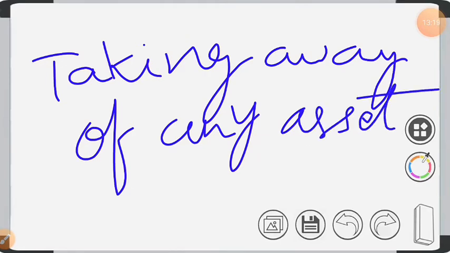Forfeiture may happen when a person becomes insolvent. The forfeiture is taken by the court, which has appointed a special person to forfeit all his property. So that is the meaning of forfeiture.